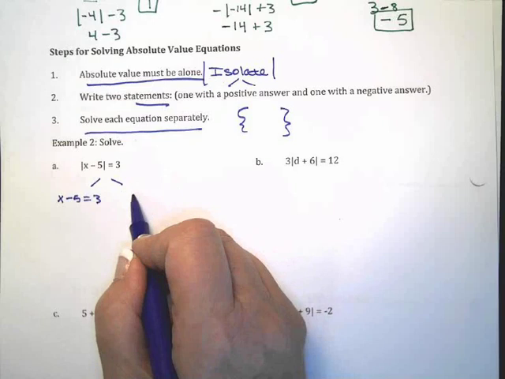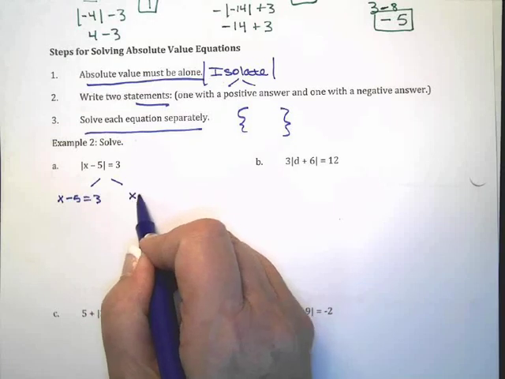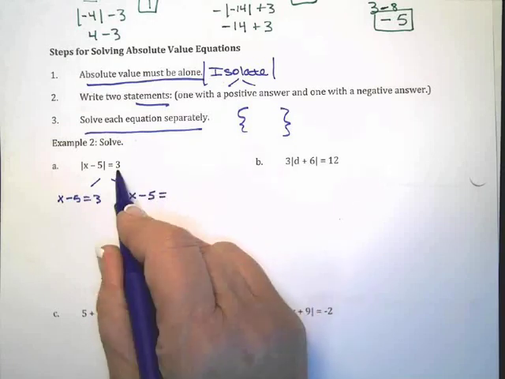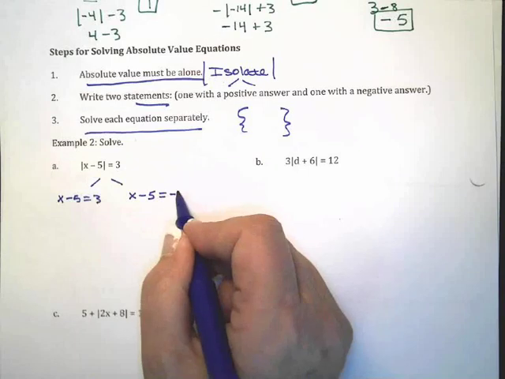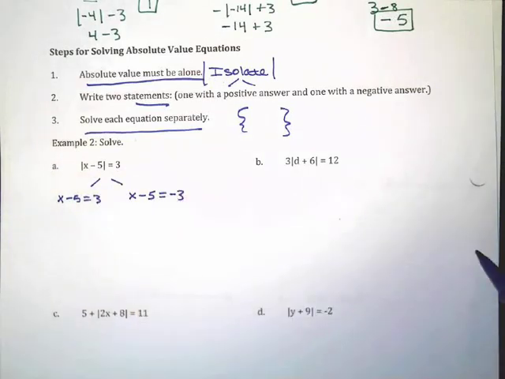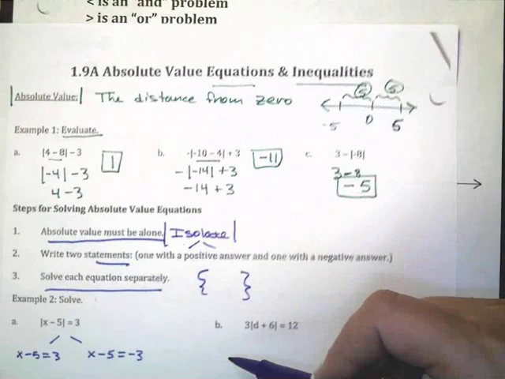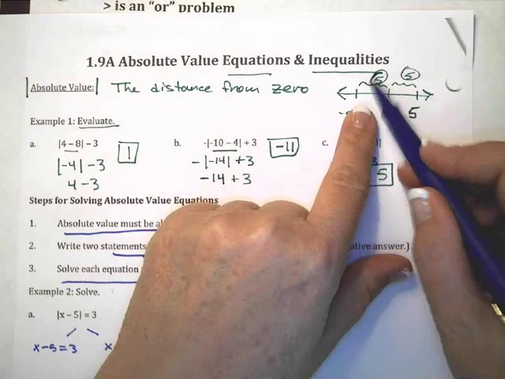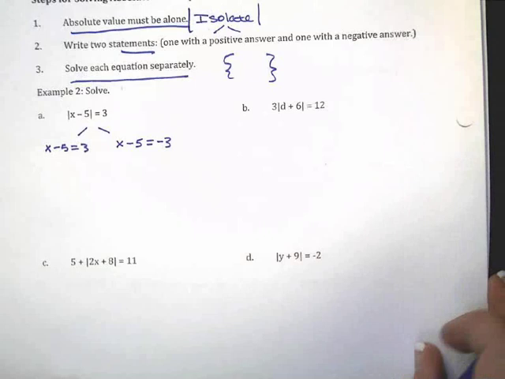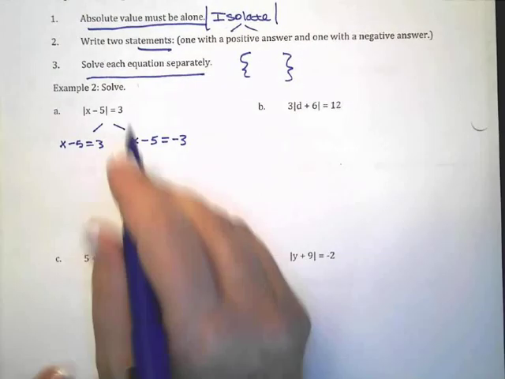The only thing that will change on the second equation is from a positive 3 to a negative 3. And again, that goes back to the fact that there are going to be two numbers whose absolute value will give us this distance.